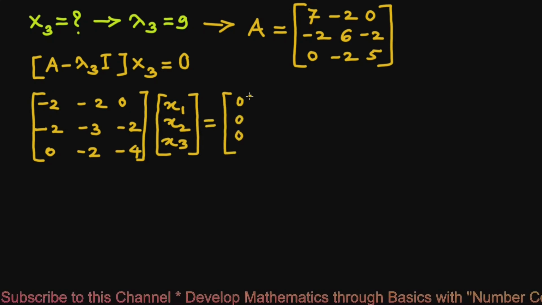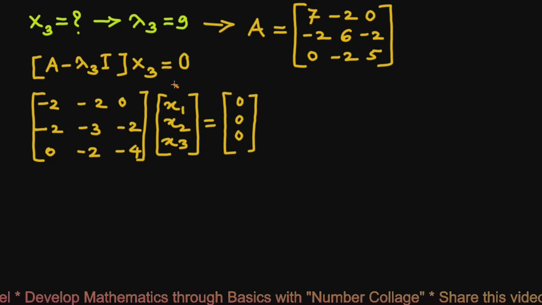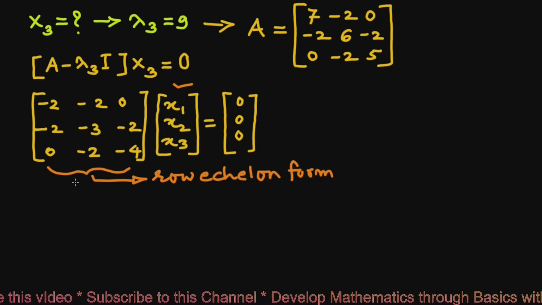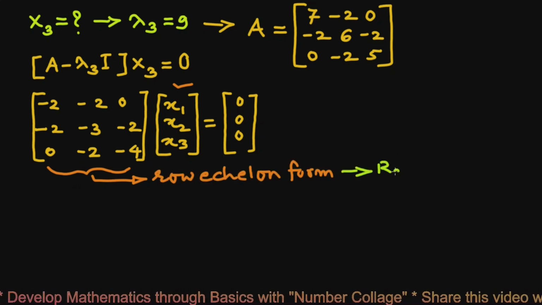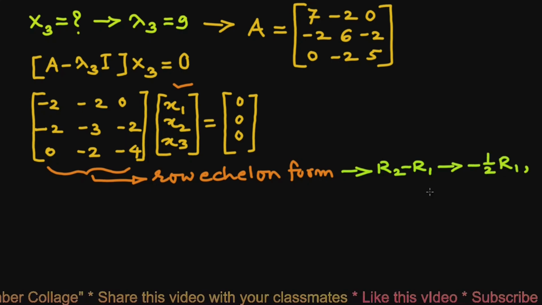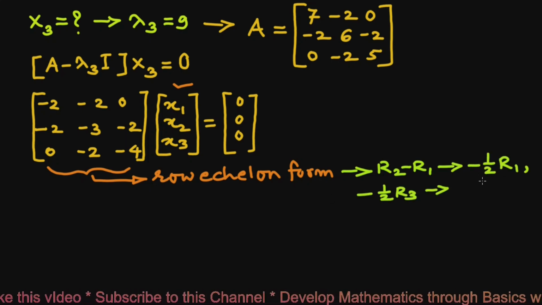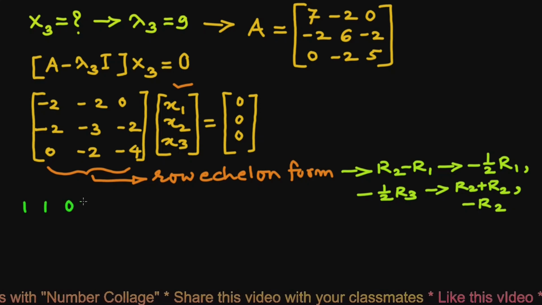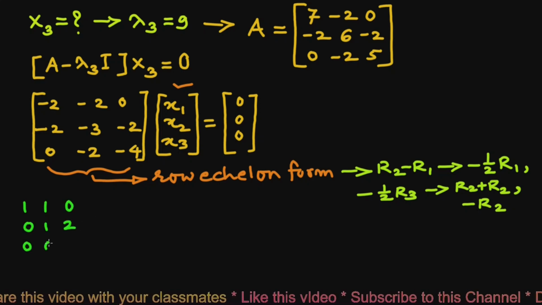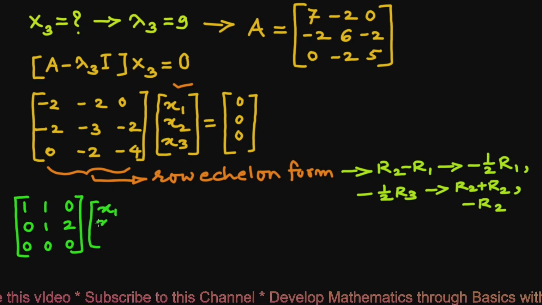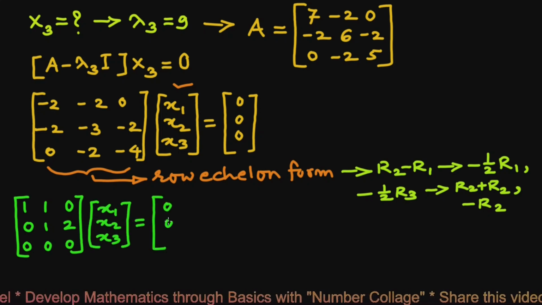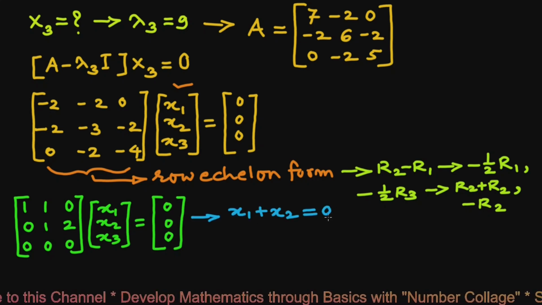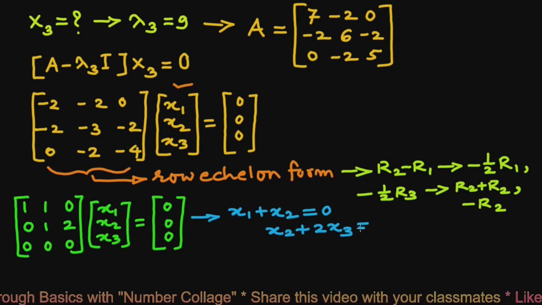equals column matrix [0 0 0]. Now in order to find values of x1 x2 x3, we will convert this matrix into row echelon form by successive row transformations R2 minus R1, then minus half R1 and minus half R3, then R2 plus R3 and minus R2. The row echelon form will be [1 1 0; 0 1 2; 0 0 0] into [x1 x2 x3] equals [0 0 0]. Matrix multiplication gives x1 plus x2 equals 0 and x2 plus 2x3 equals 0.